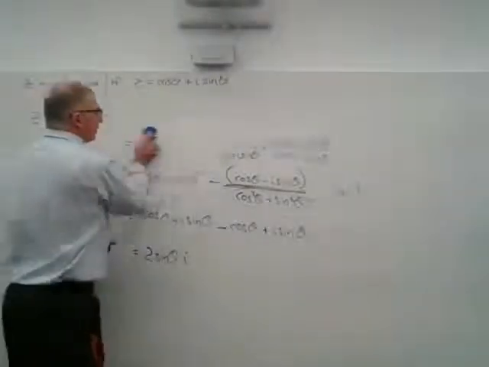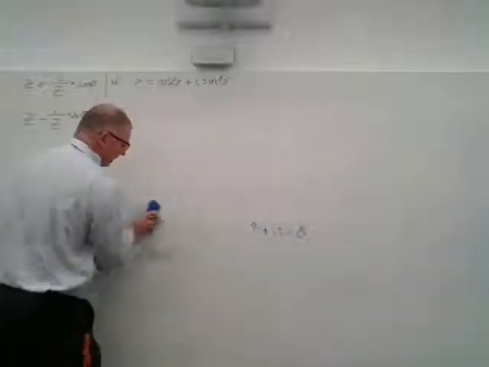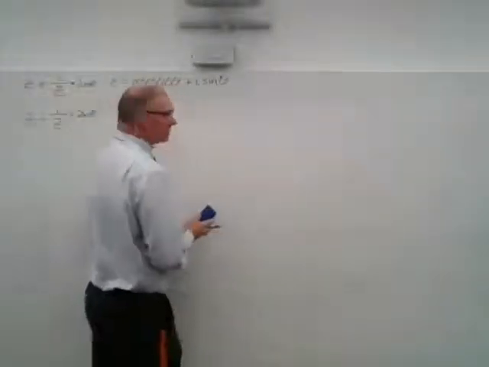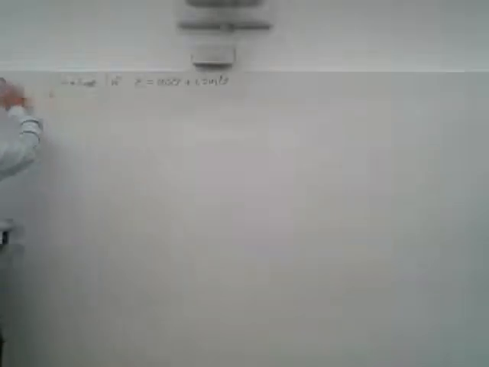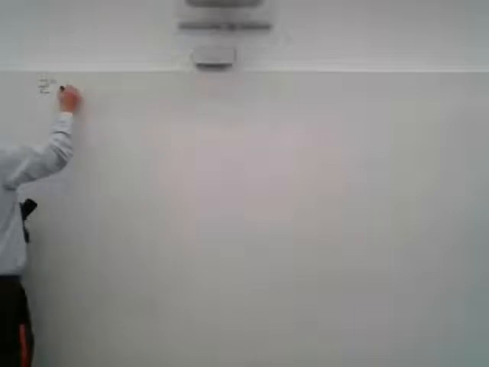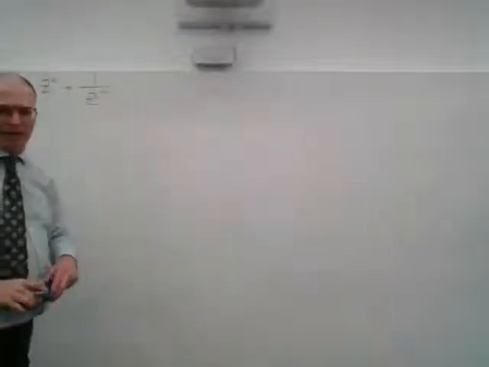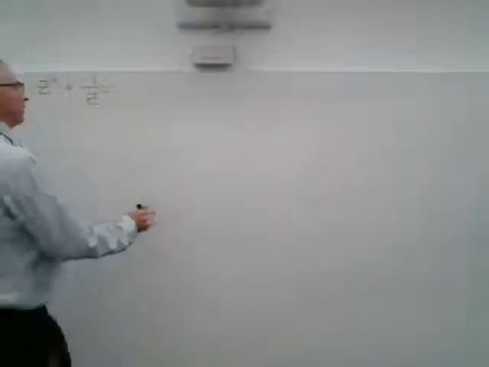So that's an important identity, but it's actually taking it one step further that's particularly important. Assuming z is cos theta plus i sine theta still, I want to know what z to the n plus 1 on z to the n is worth. That's the important thing.